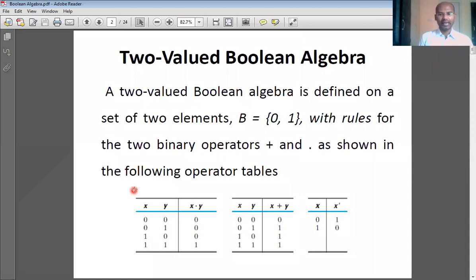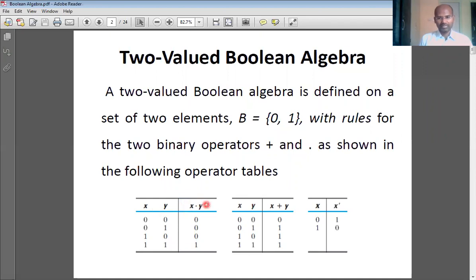Boolean algebra uses these operations. These are the basic operations that are used in Boolean algebra. Based on these operations only, all the rules are made.